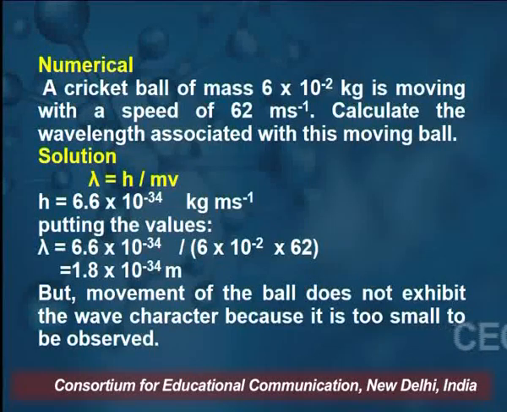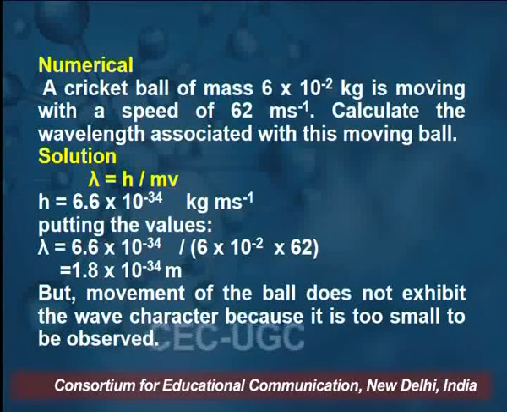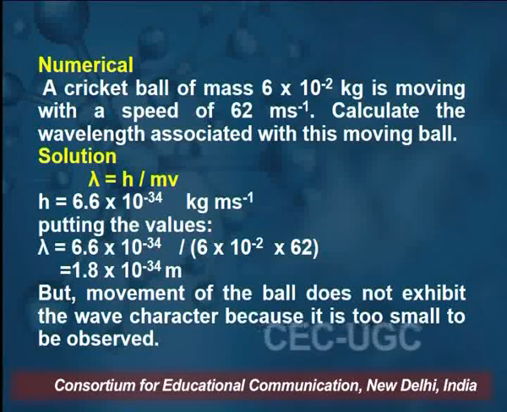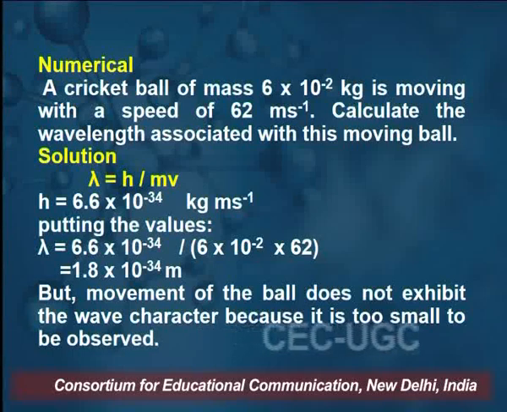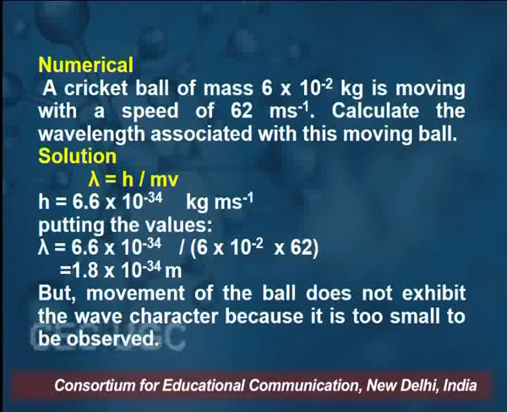Let us take an example. There is a cricket ball of mass 6 into 10 to the power minus 2 kg, which is moving with a speed of 62 meter per second, and we have to calculate the wavelength associated with this moving ball. Putting all the values, we get lambda in the range of 10 to the power minus 34 meter, which shows that it is too small to be observed.